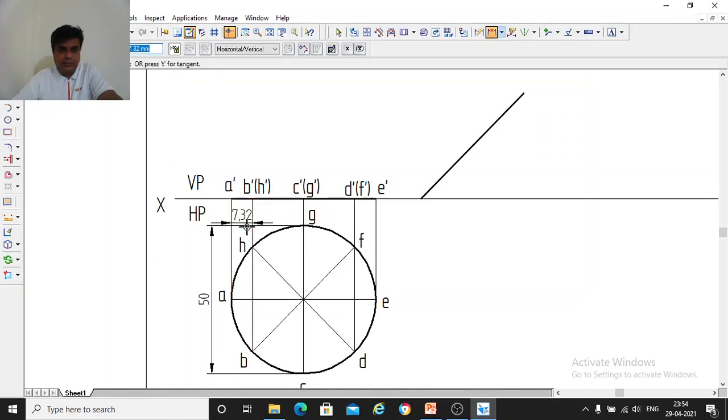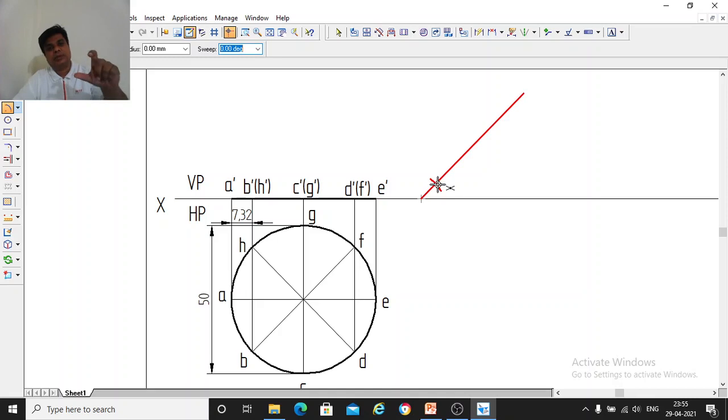So this is 7.3. So take your compass and you draw the arc at radius 7.32. So this you can manually do it using your compass. Measure the length A dash B dash, keep the center on A and draw the arc.